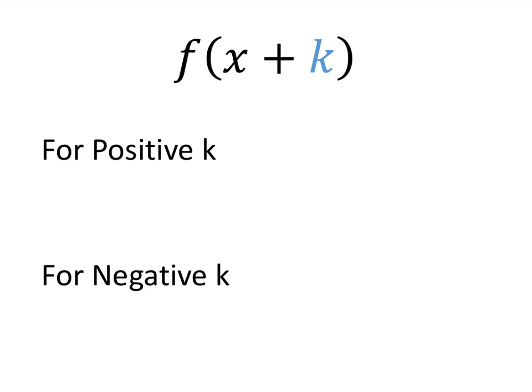When I have x plus k, it's on the inside. Notice that plus k is inside this parent function. It's not outside like the other one. Rewind just a moment to see the difference between these two types of functions. When k is a positive number and it's inside, it's a horizontal shift.